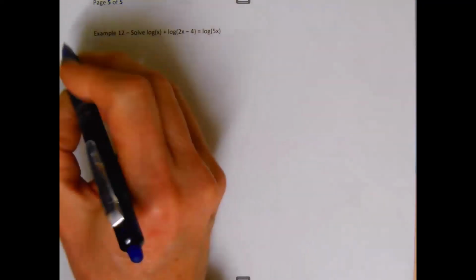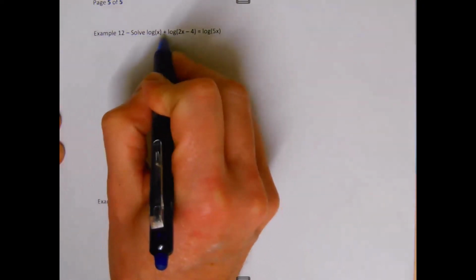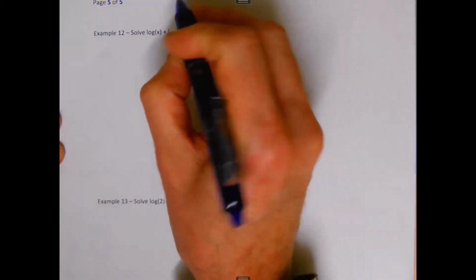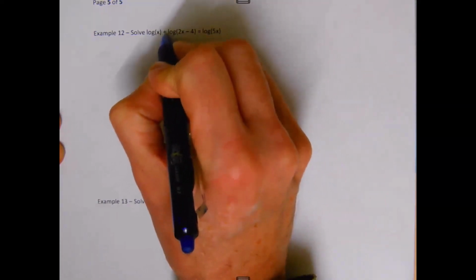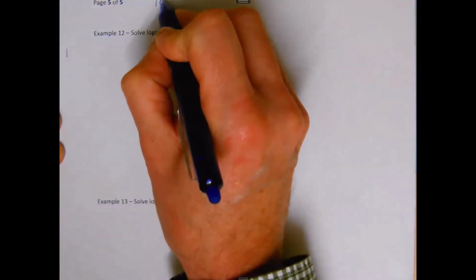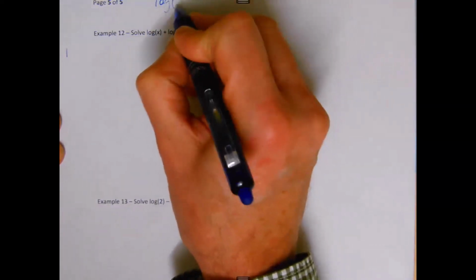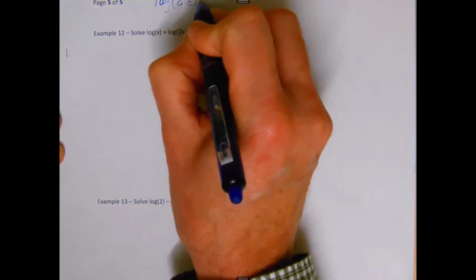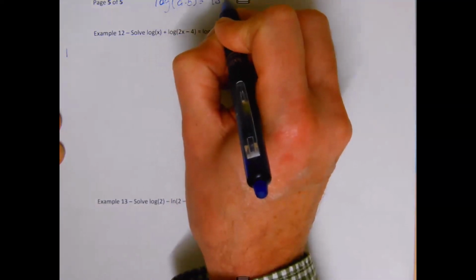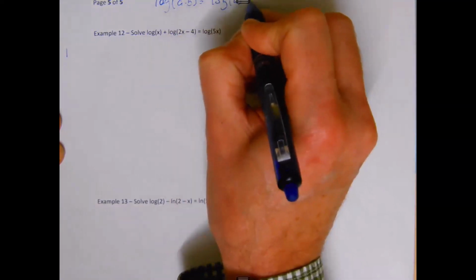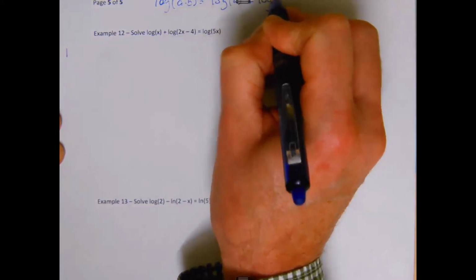So I'm going to use the log rule since we're adding these logs. Remember, there's a log rule, the product rule, that says log of a times b is equal to log of a plus log of b.